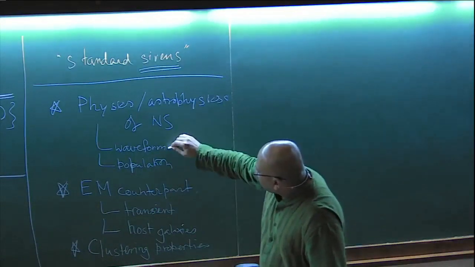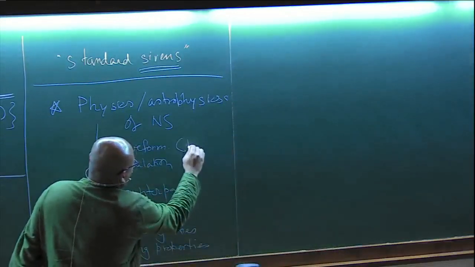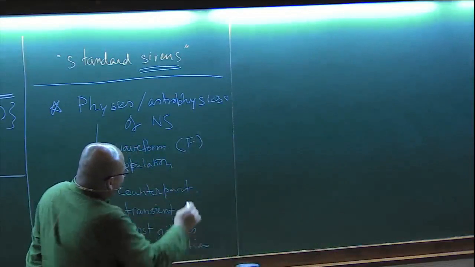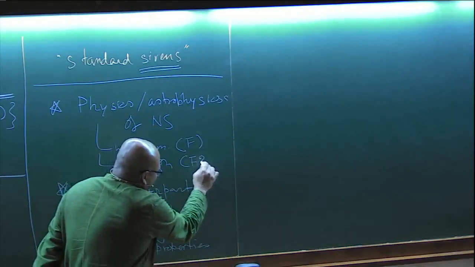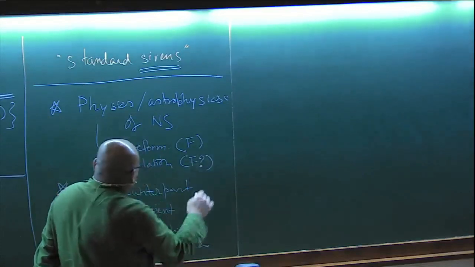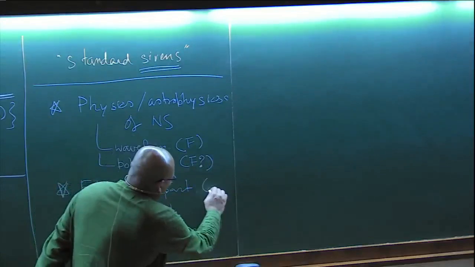Waveform properties are probably futuristic, but some people are trying to see if they can actually do something with black hole populations as opposed to neutron star populations.